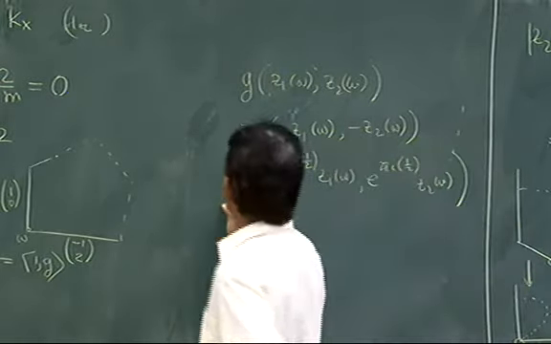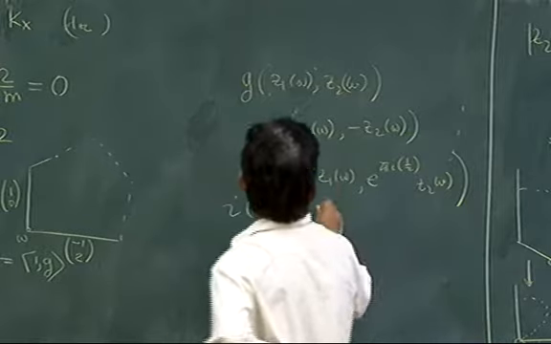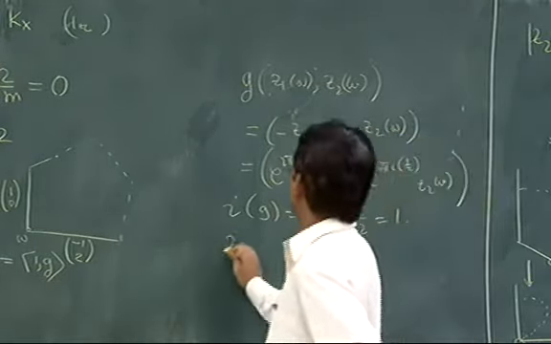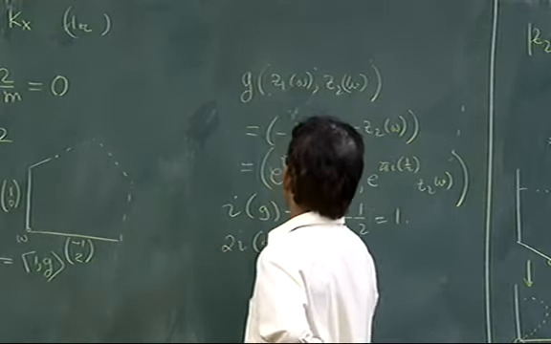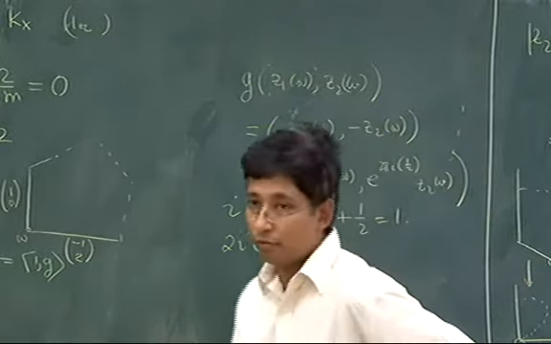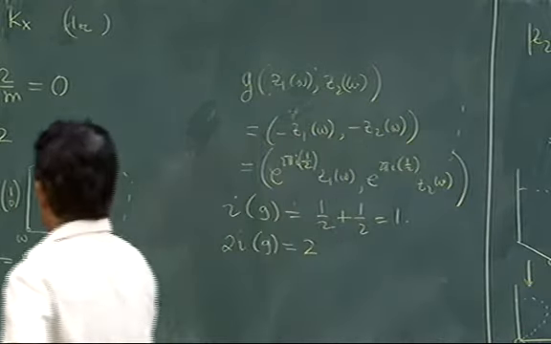So iota of G is half plus half equal to 1. Twice iota G is 2. So there are two contributions to this orbifold thing.